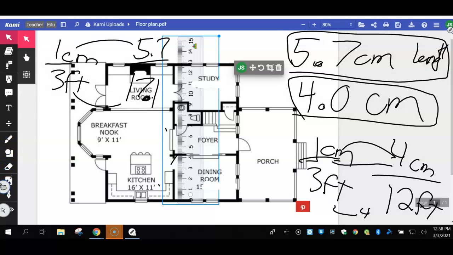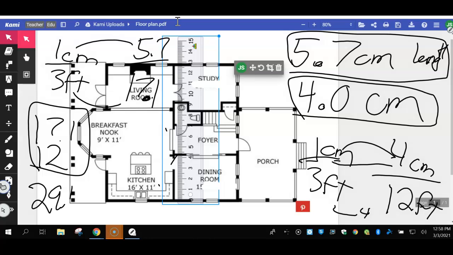How do you find, what do you do with length and width? You can find the area. So, given our length and width, if we have 17.1 and 12, what is the area of this room, everybody? 29.1. Now, how could that be useful in real life?